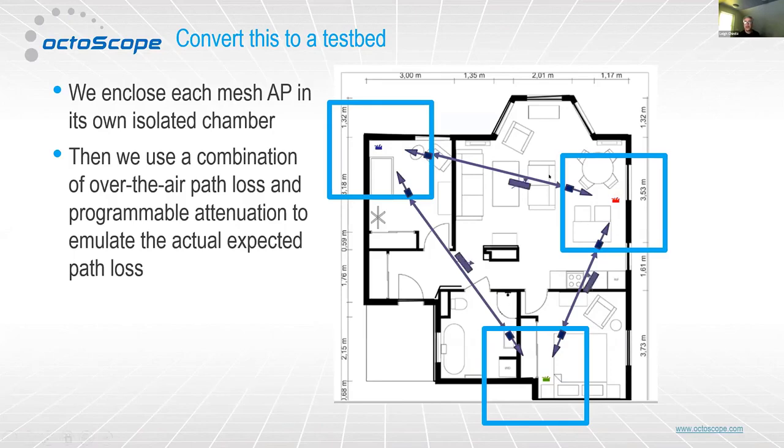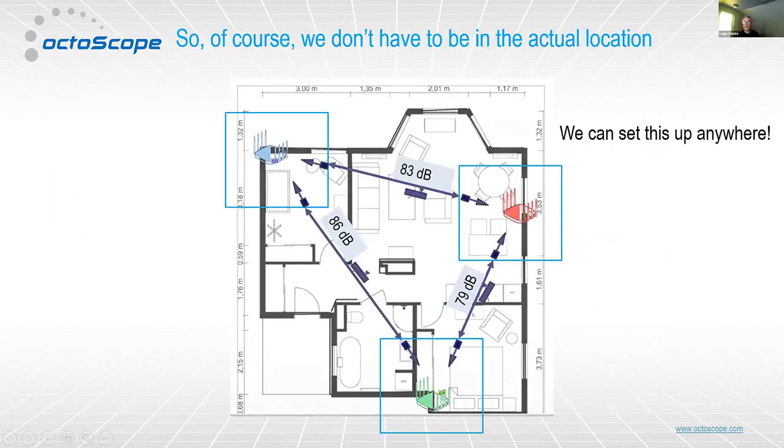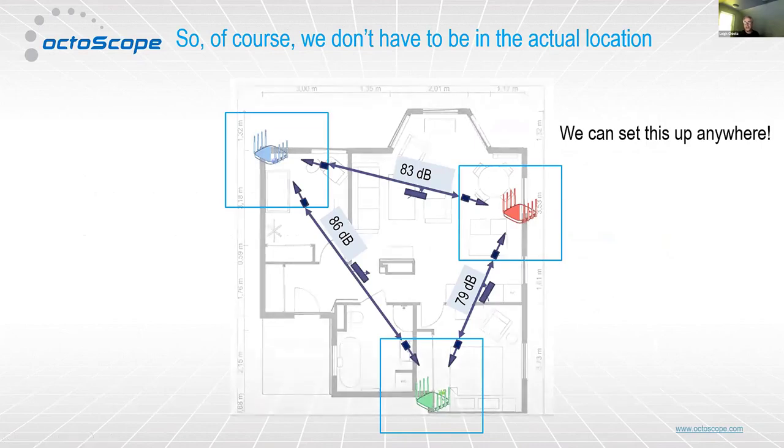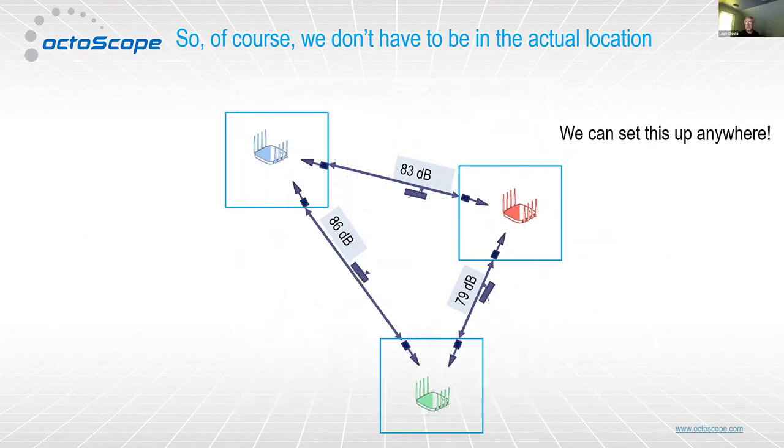And then we add attenuators onto each of those links so that we can program the total path loss between those devices in the chambers to be whatever we want it to be. So we can set it so that we have 83, 79, and 86 dB between these devices. And so, of course, once we do that, we don't even have to be in the location. The location now doesn't matter. We can set this up anywhere in one of our test beds.